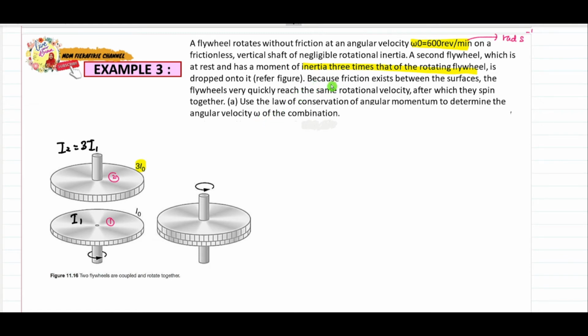The question tells us that because friction exists between the surfaces, the flywheels very quickly reach the same rotational velocity after which they spin together. So we can use L initial is equal to L final, and I initial omega initial equals I final omega final.